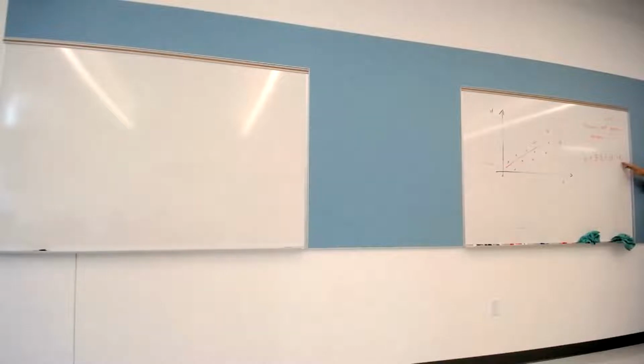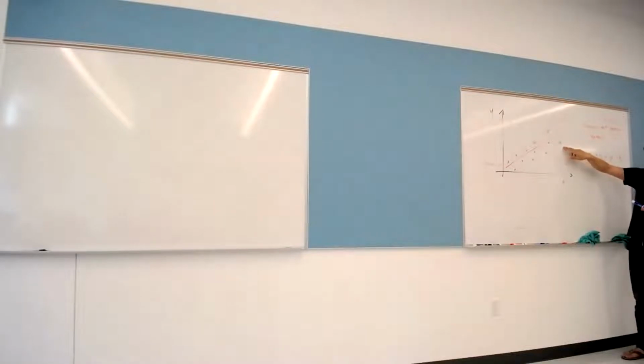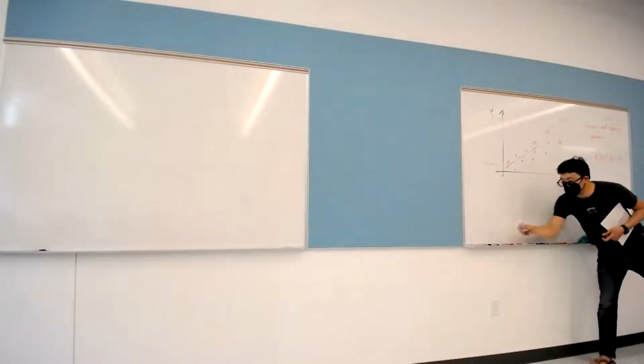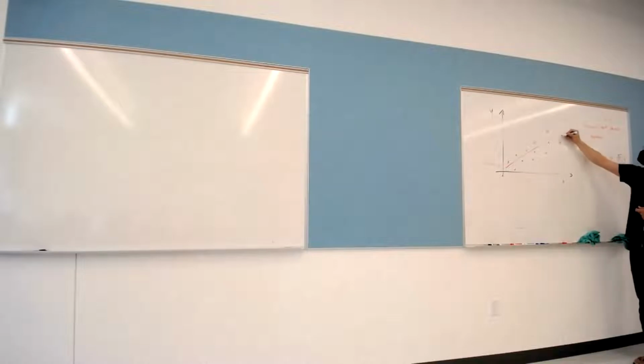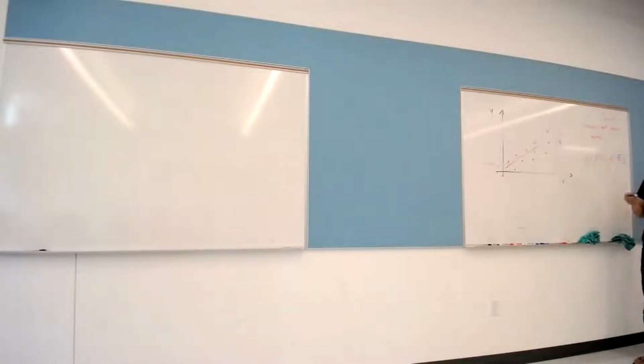This describes the noise that would push these x's away from the line. You have a separate epsilon i term, which represents this distance for every single point.